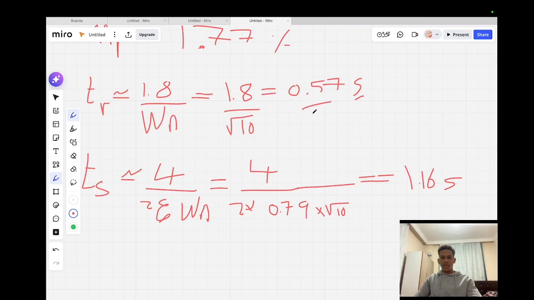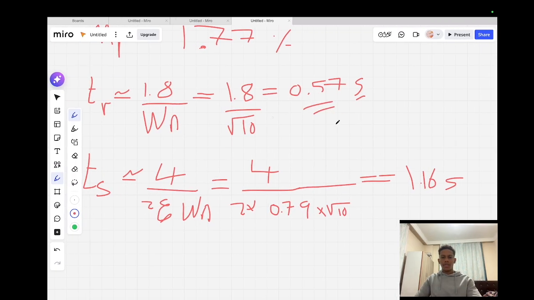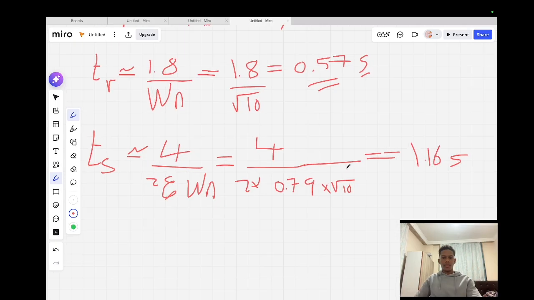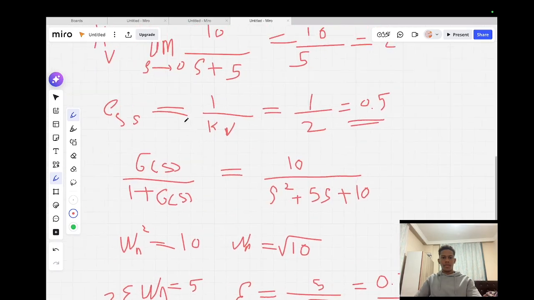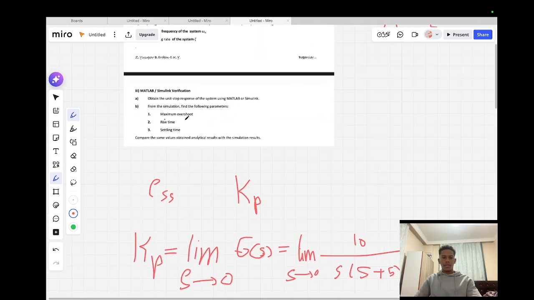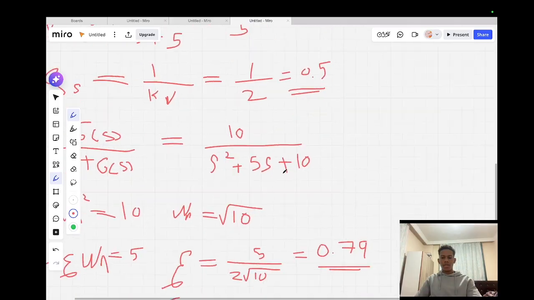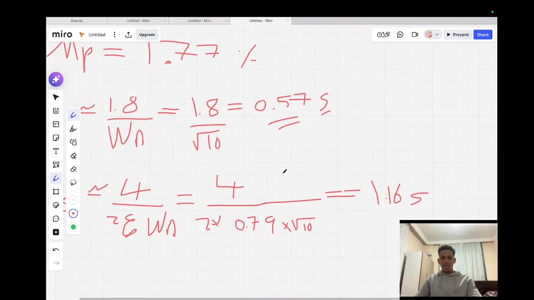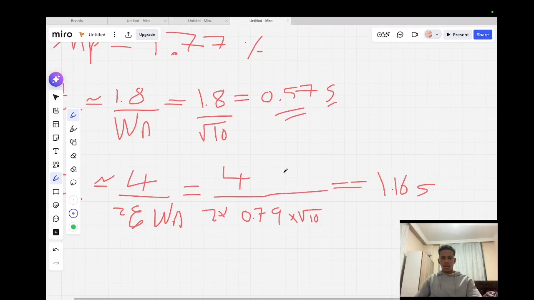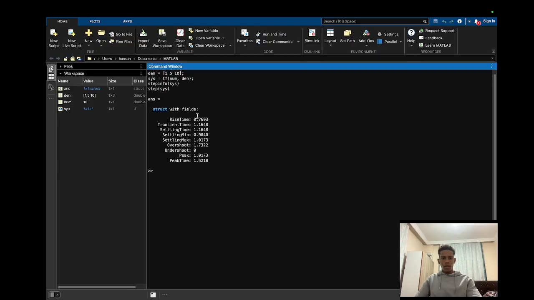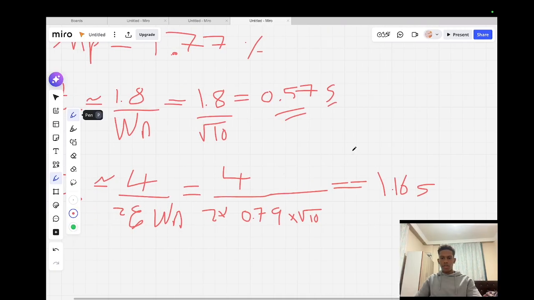I think we have a little bit of difference here. It is not similar, but it is close. Yeah, we have a small difference in this result.